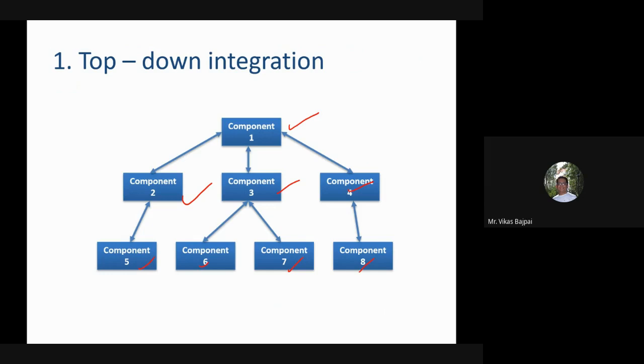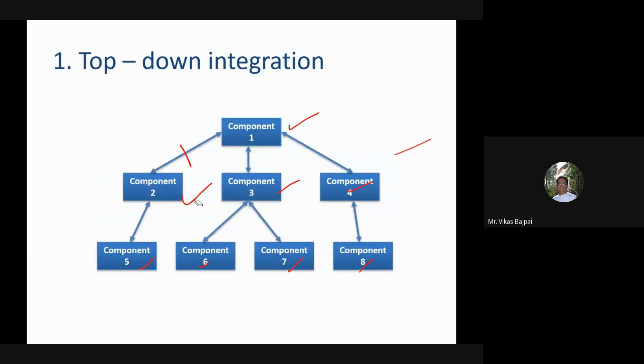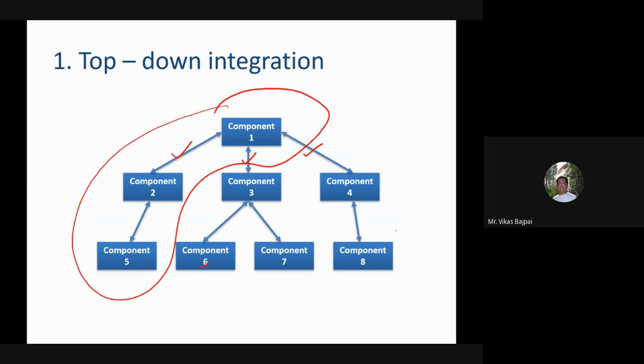In the case of top-down integration, we went for testing 1 and 2, then 1 and 3, then 1 and 4. Let me erase these things. So we went for this, then this, and then this. Now it is ready, so now we'll go ahead with testing this. The idea is to ensure this, because we have already tested this.